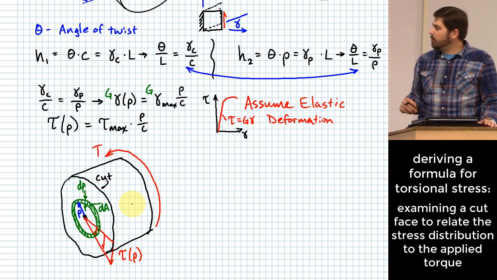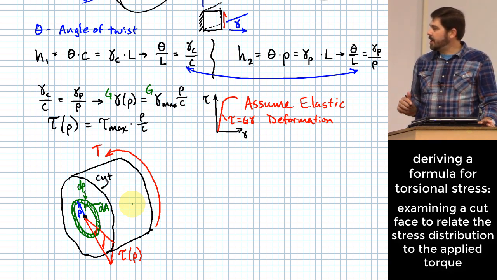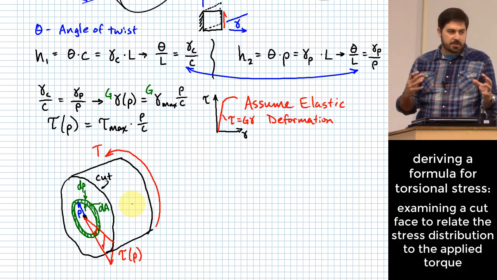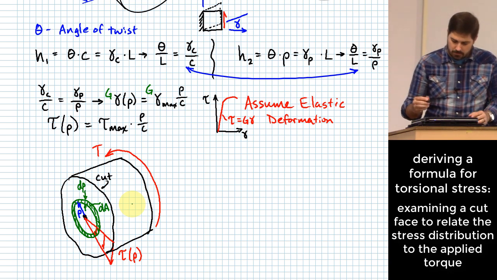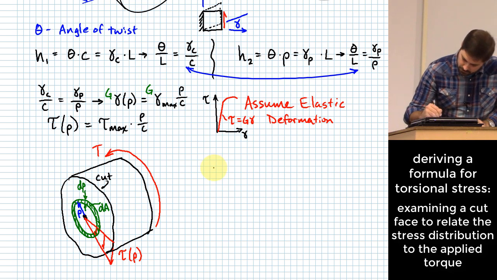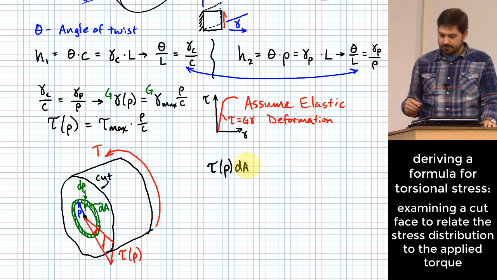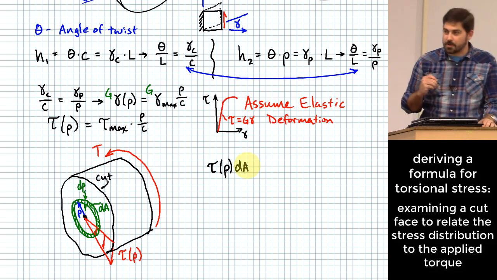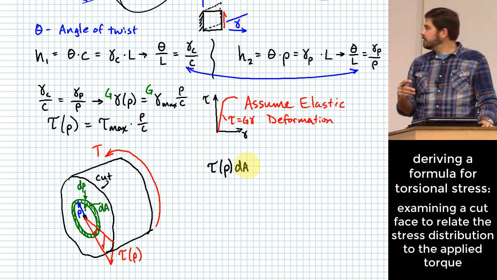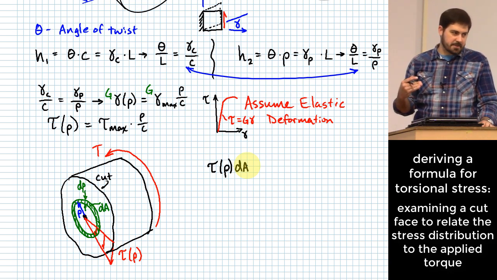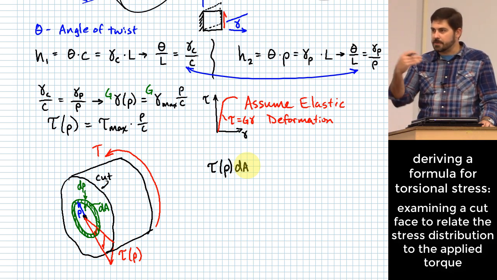And what happens if I multiply dA times tau as a function of rho? What is stress times area? Force, right? Force over area gives you stress. So stress times area gives you force.